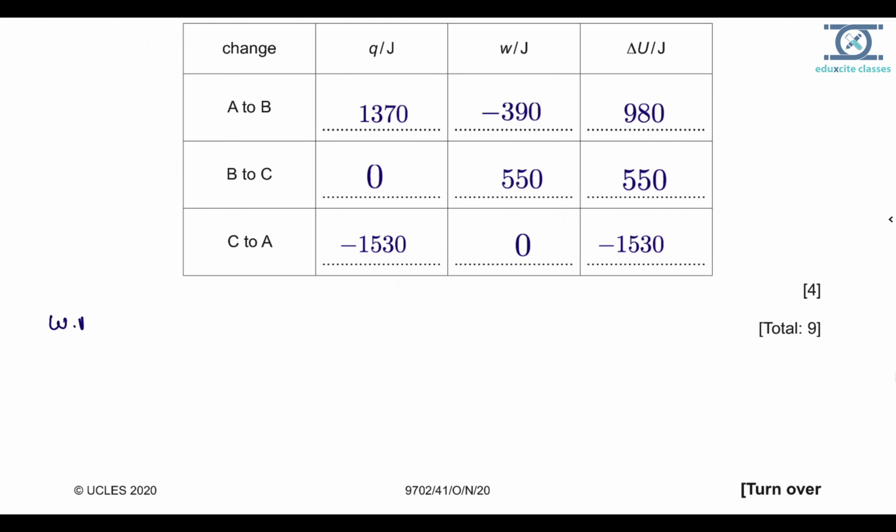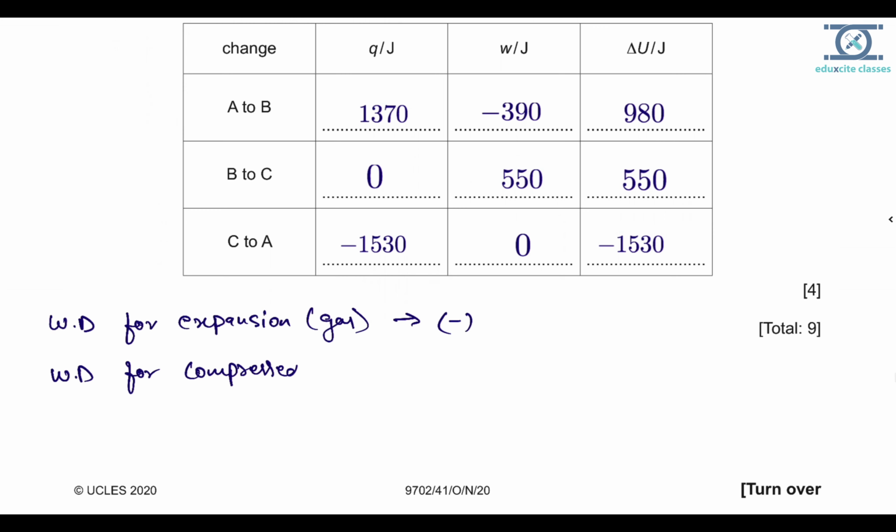The work done for expansion, if the gas is expanding, taking the gas as a system, is taken with a negative sign. Similarly, the work done for compression, if the gas is getting compressed, will be positive.